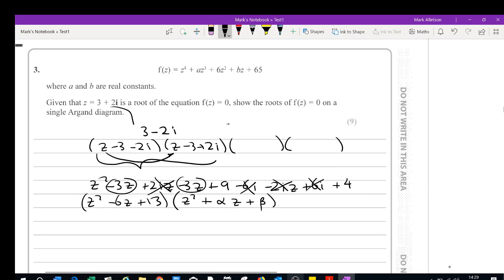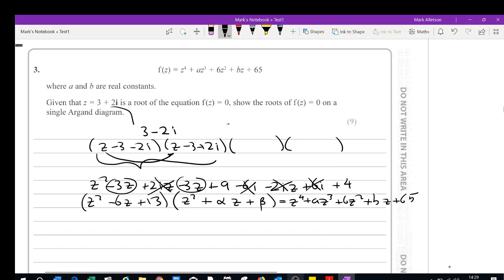So I'm just going to say that these are two random things, and that must equal all of that when we multiply it out. It must equal z to the 4 plus a z cubed plus 6z squared plus bz plus 65.